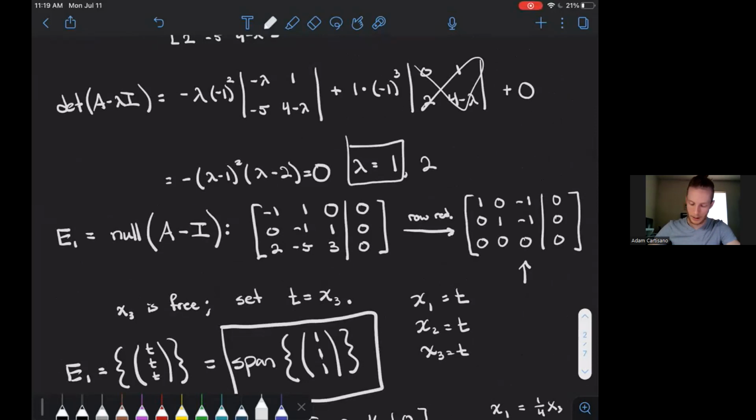If you were to graph this polynomial, y equals determinant of A minus lambda I, it would have a graph that looks like this. It comes down, bounces off lambda equals 1, and then passes through lambda equals 2. Something like this.